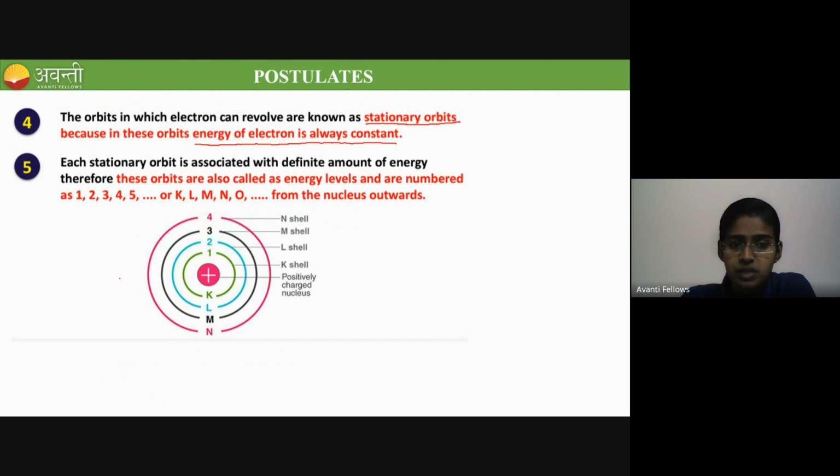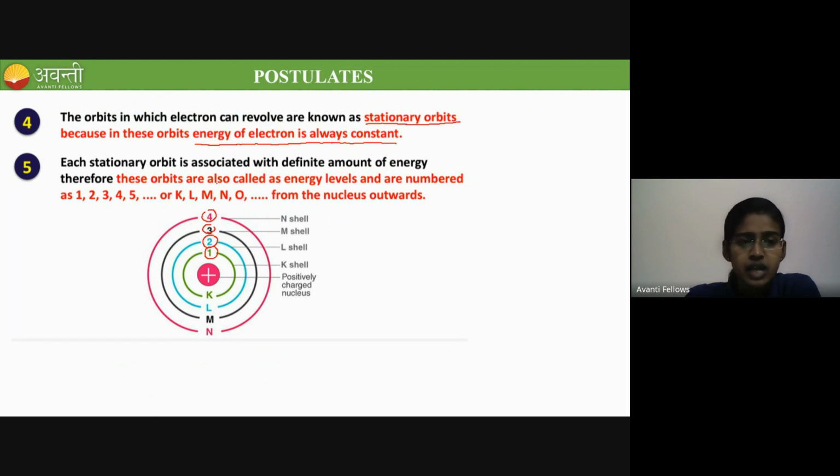For example, you can take this diagram. So we have orbit number 1, orbit number 2, orbit number 3, orbit number 4, right? So if this is the first orbit, that is the K shell, there will be some energy associated with that. Okay, the electrons which are present inside that particular orbit will have the same value of that energy, because energy of the electron is always constant in that single system.